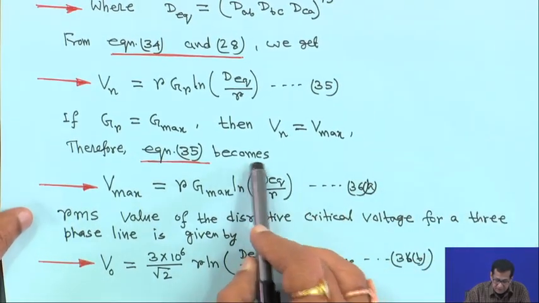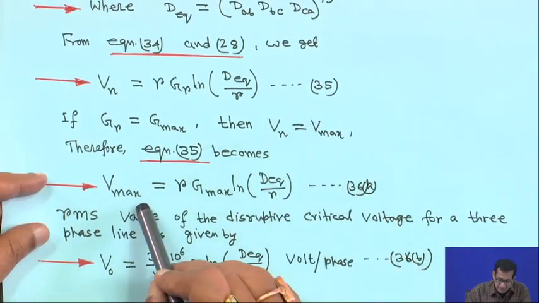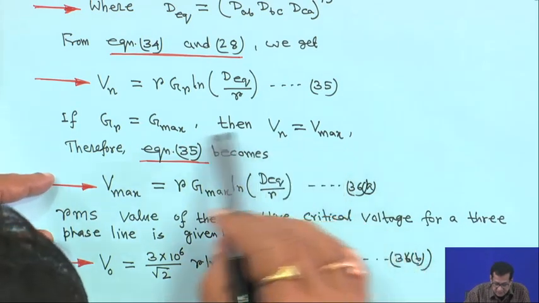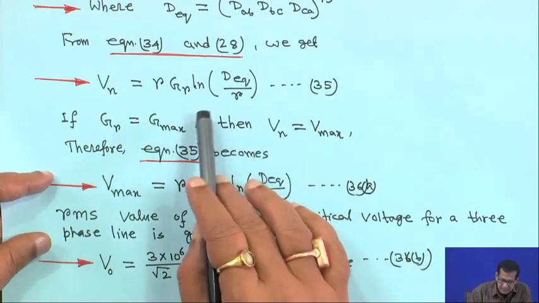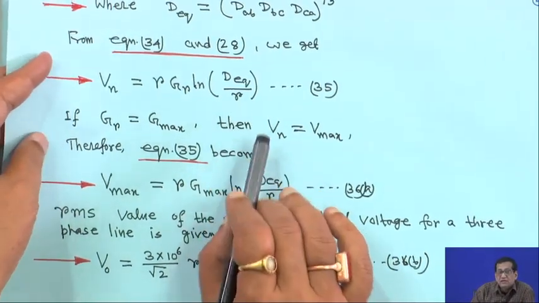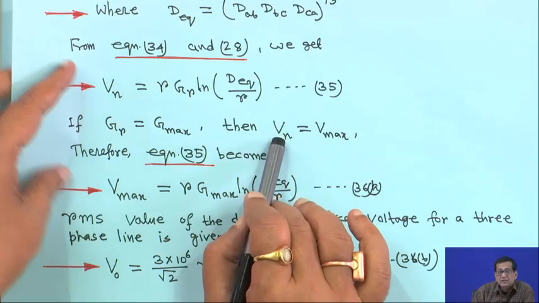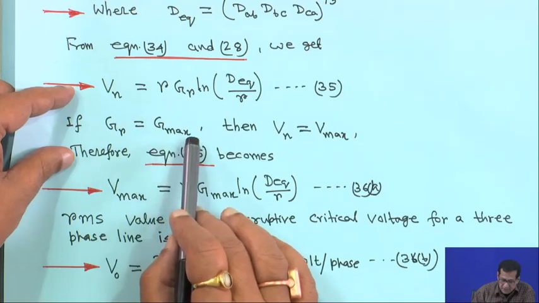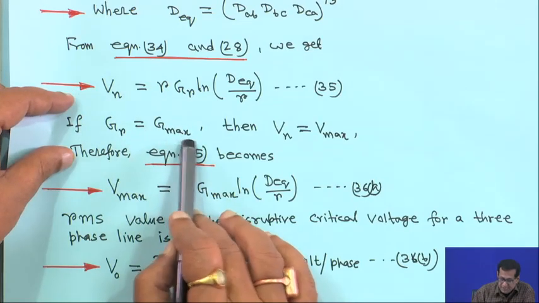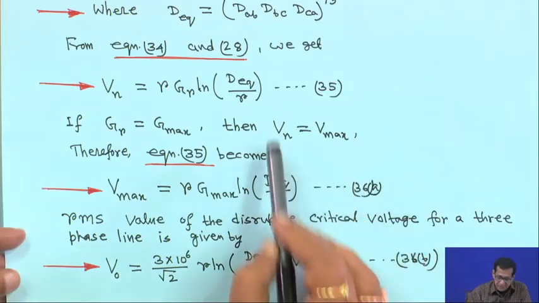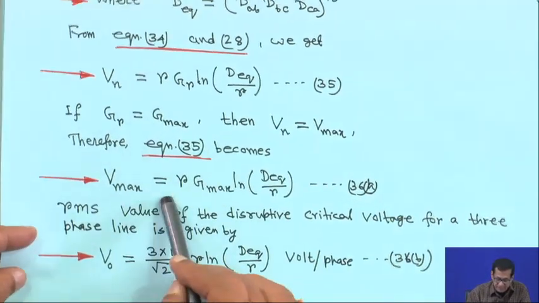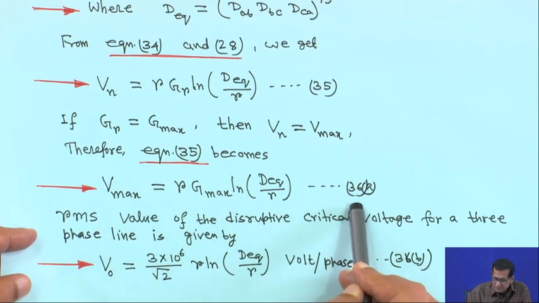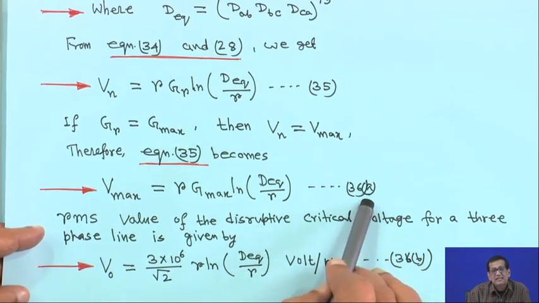Therefore, Vmax is equal to r gmax ln dq upon r, because Vn is equal to Vmax, and gr is equal to Gmax, because at the surface of the conductor the potential gradient is maximum, that is at x equal to r. In that case gr will be Gmax and Vn will be Vmax. So, instead of Vn we can write Vmax, and gr is replaced by Gmax: Vmax equals r Gmax ln dq upon r. This is equation 36a.